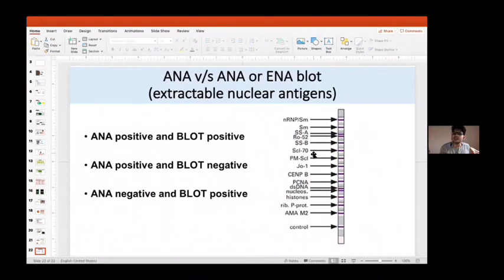Okay. So these are the scenarios. It may happen that ANA was negative and blot was positive, but 100 times I will tell, first I will check my ANA technique. If ANA is negative, blot being positive is very, very unlikely. Okay. So if ANA comes negative, and clinical context tells this is very unlikely to be autoimmune disease, never ever waste your money on ENA blot.